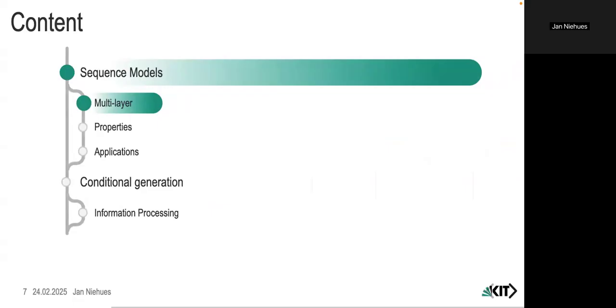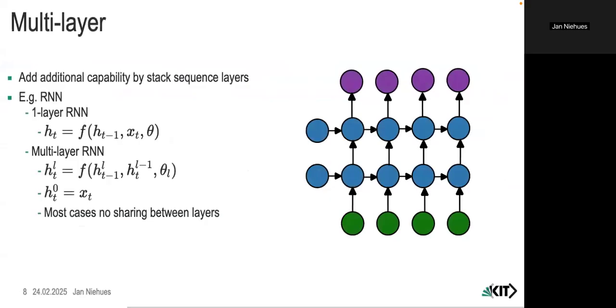Okay, before we are looking at these properties, maybe one more point. Of course, if you want to go into building large networks, it is essential that you're not using one layer. And especially, for example, the transformer is really only working typically with quite a number of layers. So how does that work?